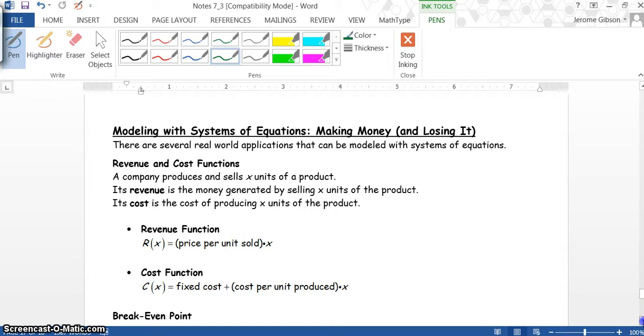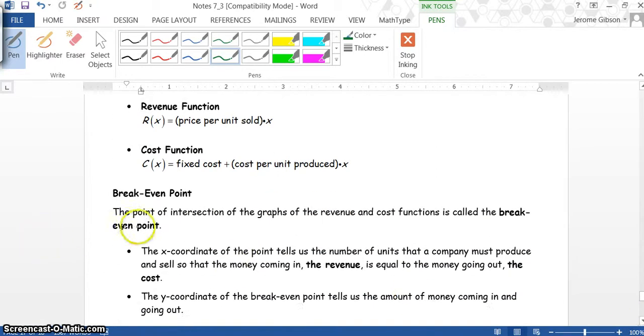Now we have the break-even point. The point of intersection of the graphs of the revenue and cost functions is called the break-even point. The x-coordinate of the point tells us the number of units that a company must produce and sell so that the money coming in, the revenue, is equal to the money going out, the cost.